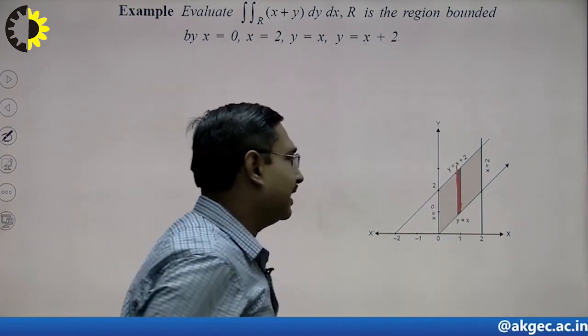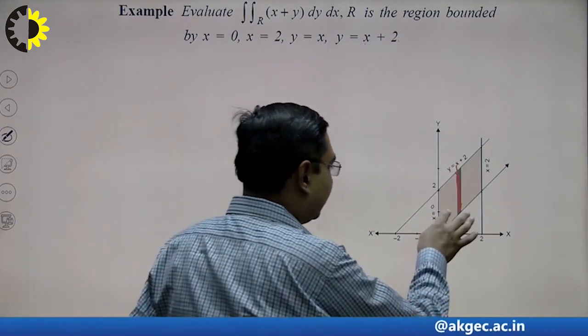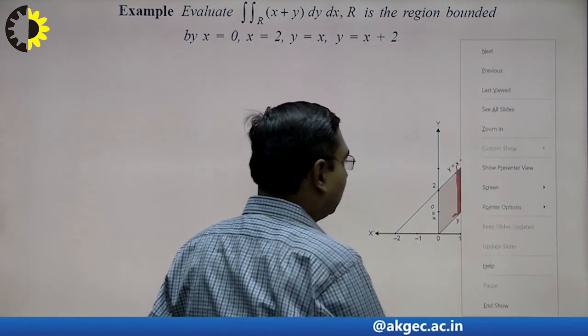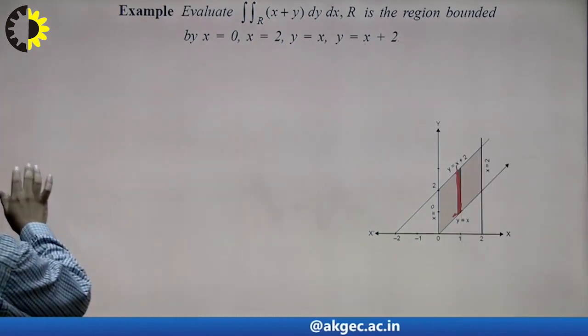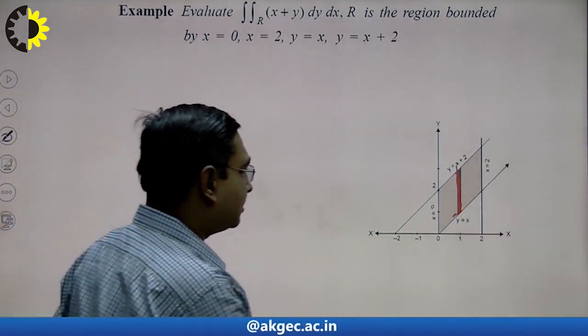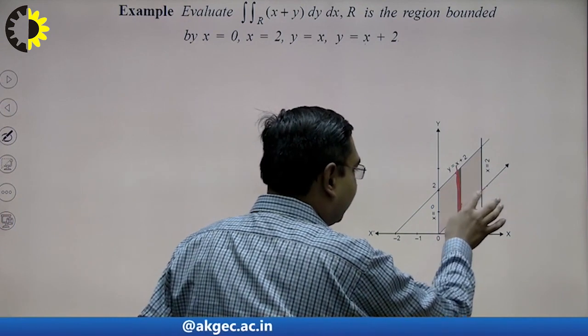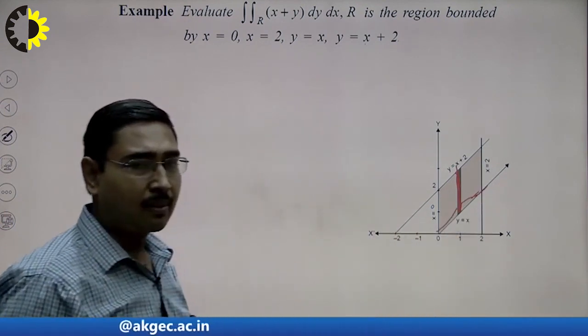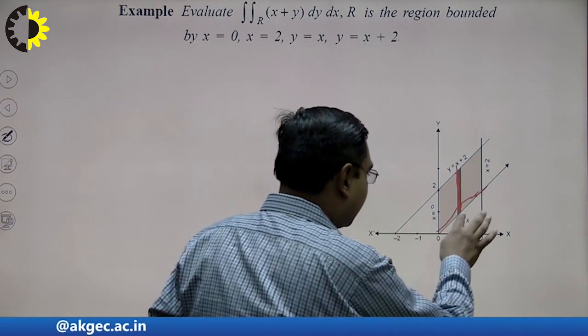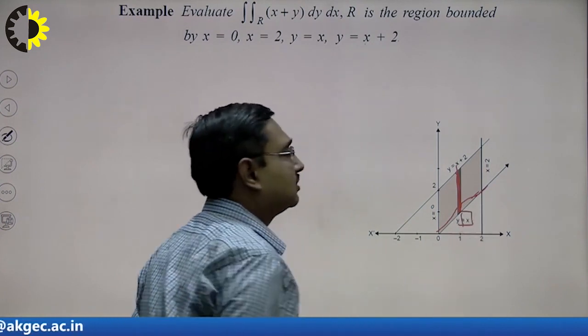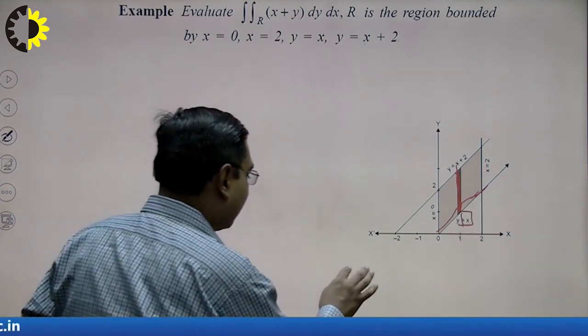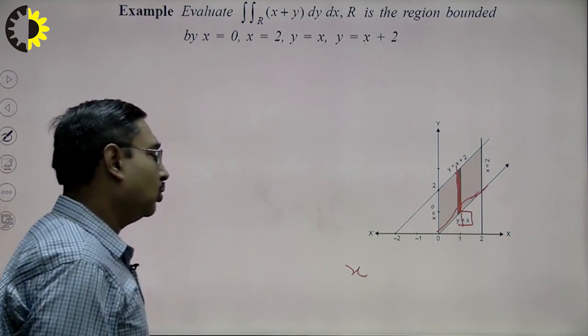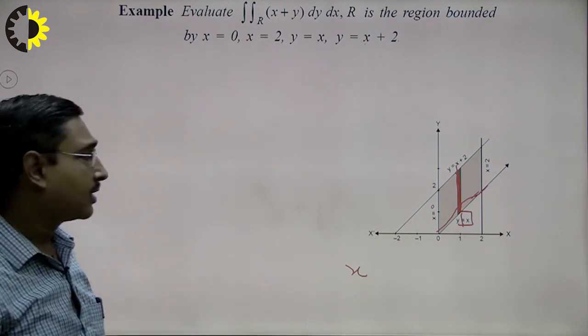On this slice, we observe that the lowest point of this slice lies on this line y equal to x. Its equation gives y equals x. So x will be the lower limit of y.